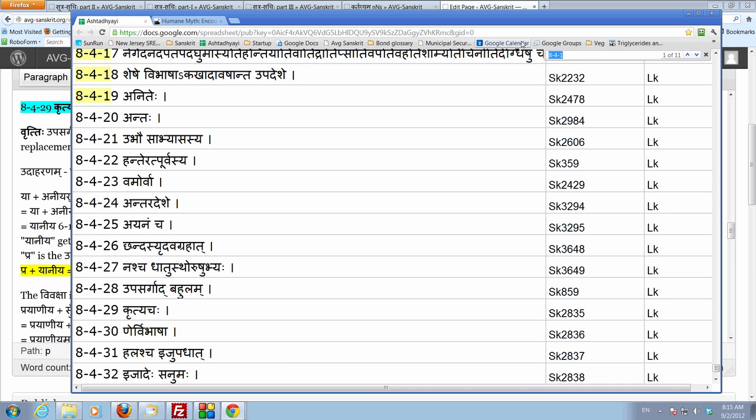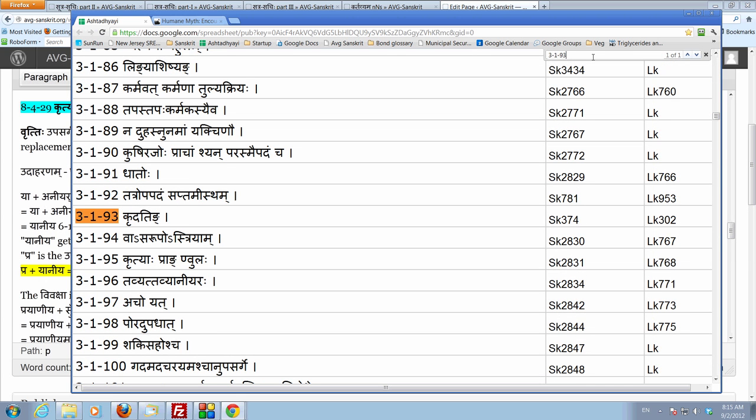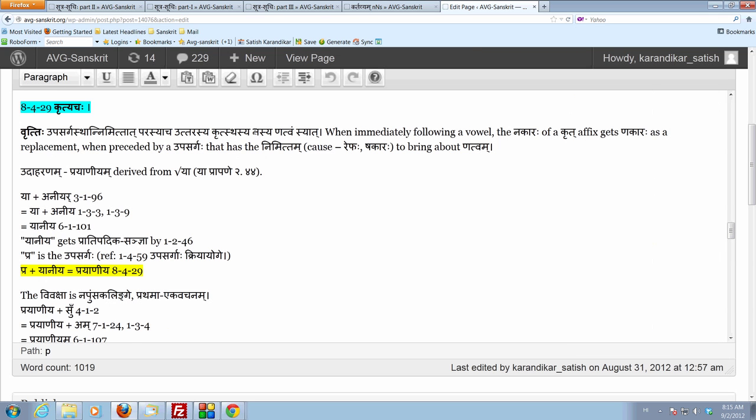We also know that the adhikara of Krityaha is contained within the adhikara of Kridating, so every kritya pratyaya also has the krit sanya. We have to make sure that the nakara in question is part of a krit pratyaya.